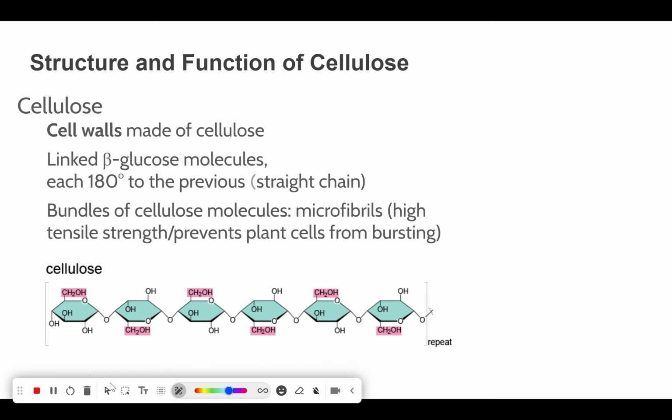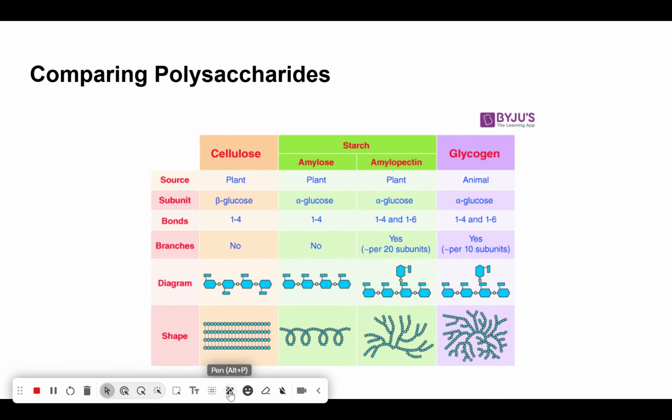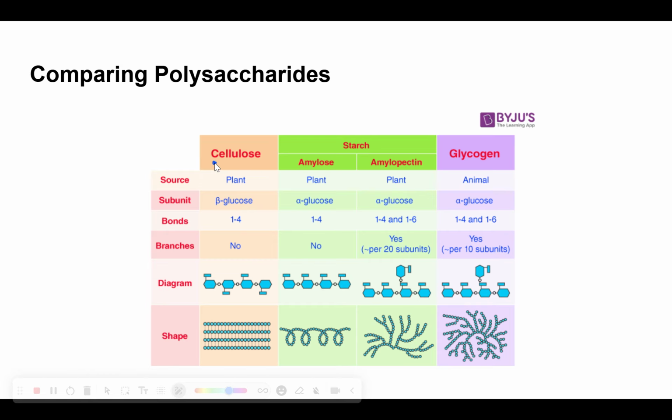I think the easiest way to think about starch and glycogen and cellulose is to compare them all to each other. So the next table does just that. You should be familiar with all the information on this table. Where is cellulose versus starch versus glycogen found, what is the source tissue, what are the subunits, because remember they're all glucose but it's different isomers of glucose, what are the bonds that form, does it branch or not, what is the diagrammatic structure.